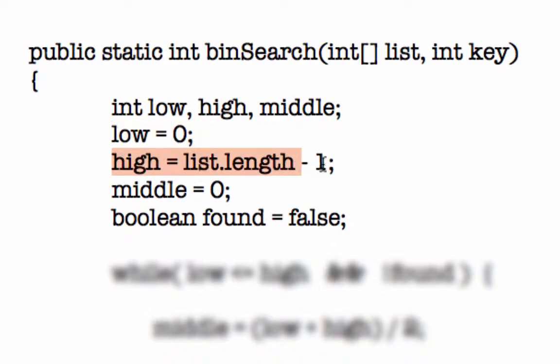On the other hand, high is the highest possible index in our collection so far. And at the beginning, that will be the last element in our array. In order to calculate that, we can use Java to determine the length of the array and subtract 1. And that is because we start with index 0. And obviously, we don't know what the value of the middle element is, so we're going to initialize that to 0.